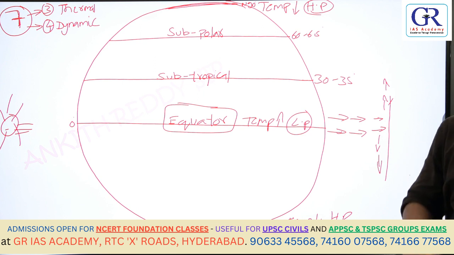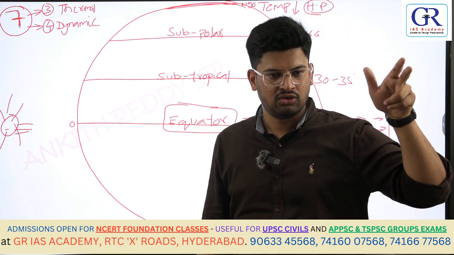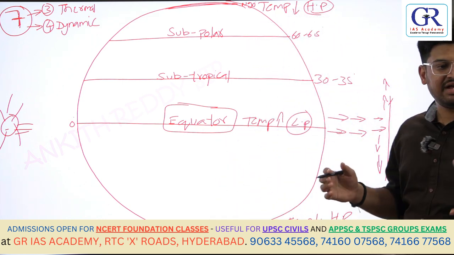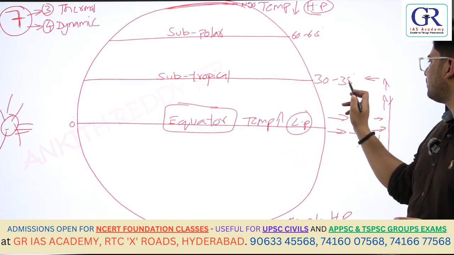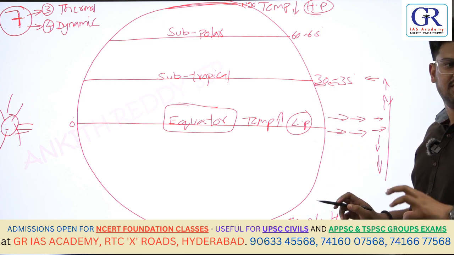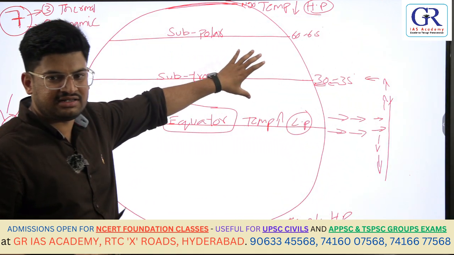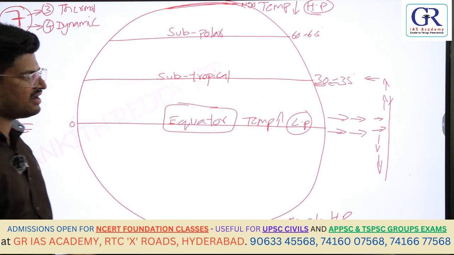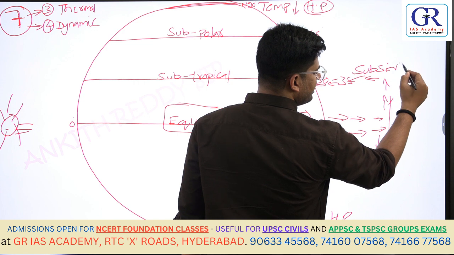When the air moves to higher altitudes, it becomes cool, and when air becomes cool, it becomes dense and settles down. So it is rising at the equator, moves laterally, and around 30 to 35 degrees north and south latitude, the air is subsiding.